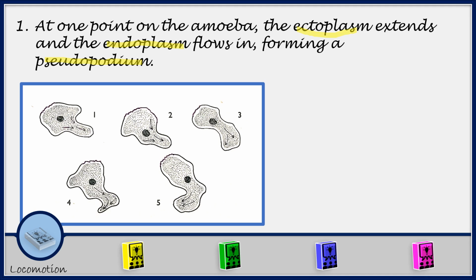In part 1, we have our amoeba, and the ectoplasm will extend in front, and when it extends in front, the endoplasm will follow in. You will find that the cytoplasm is moving into the projection, which we call the pseudopodium.